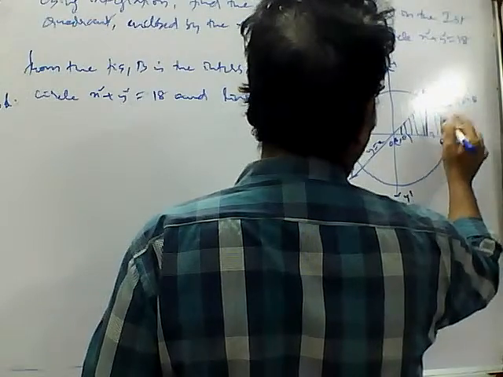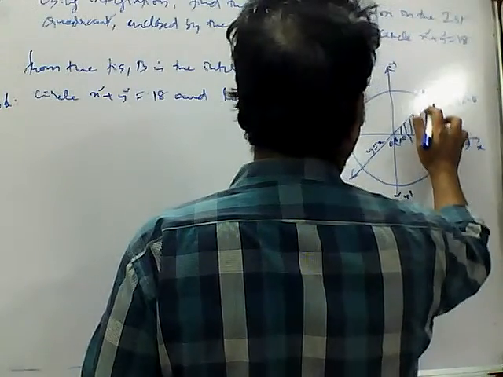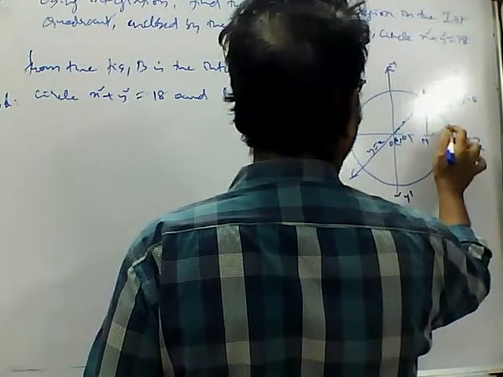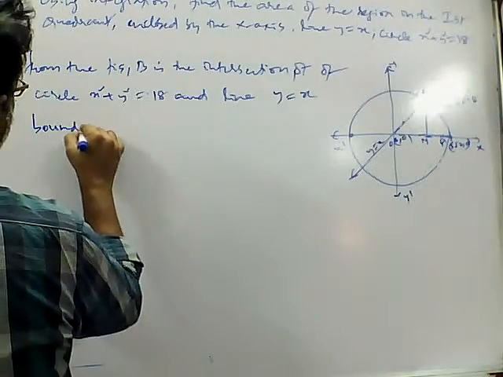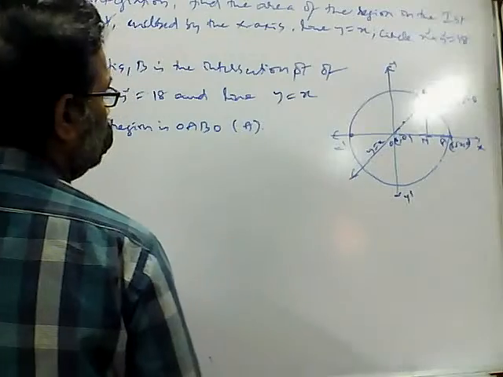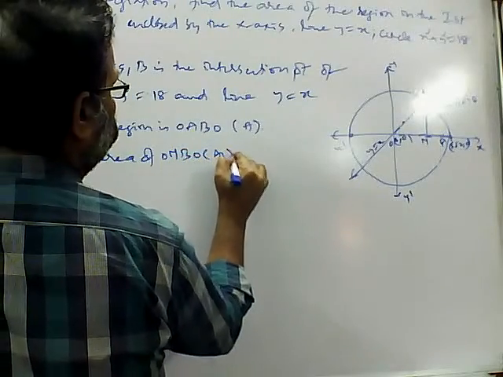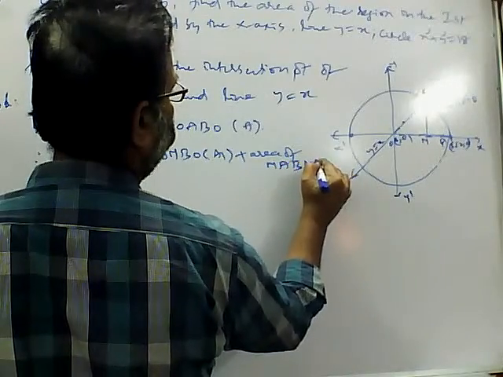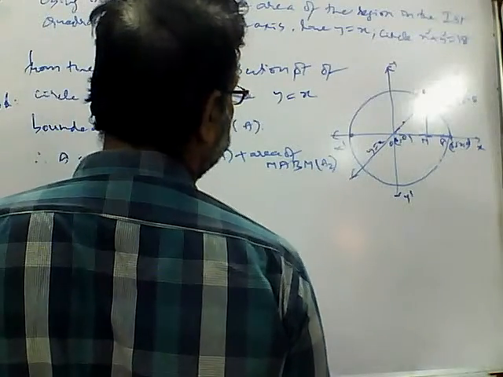Now you see this point M. Now you can see here the bounded region is OABO as A. A is equal to the area of OMBO, A1, plus the area of MABM, A2.